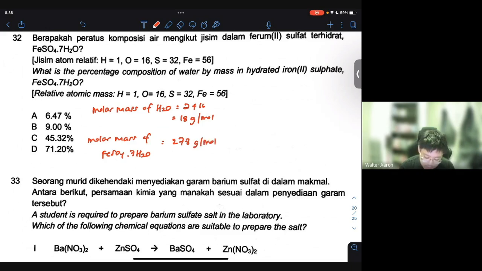All right, and then you have to get the mass of the 7 moles of water. So that'd be 7 times 18, which is 126 grams per mole.